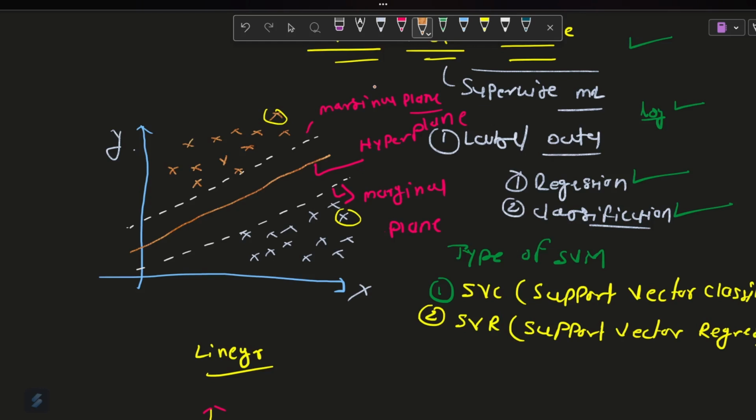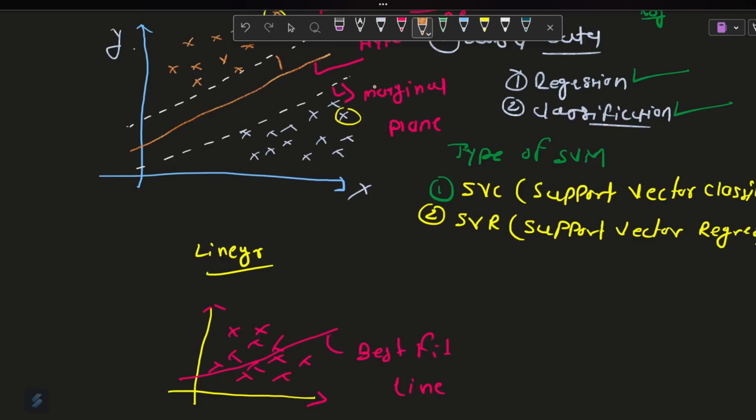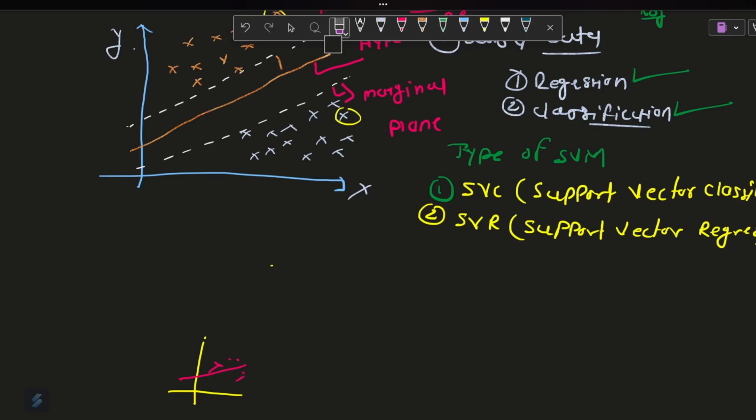One more thing to understand in this concept is this distance.